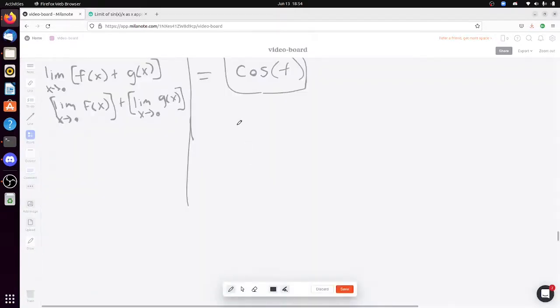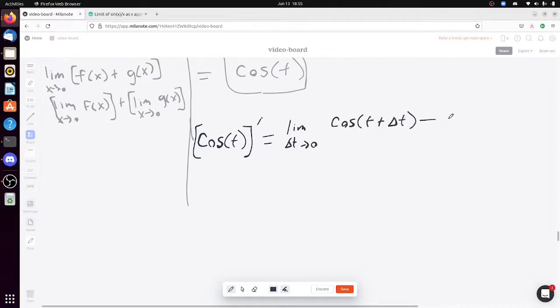So the next one, let's try to see what the derivative of cosine of t is. That's just going to be the limit as delta t approaches 0 of cosine of t plus delta t, just the standard definition, minus cosine of t, all over delta t.